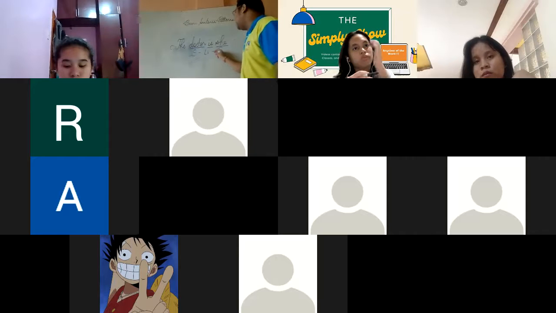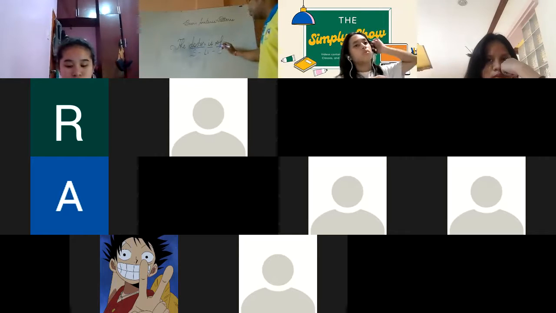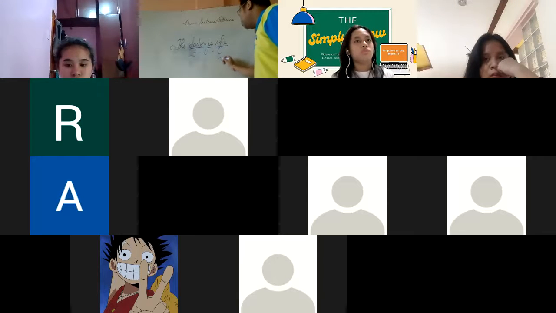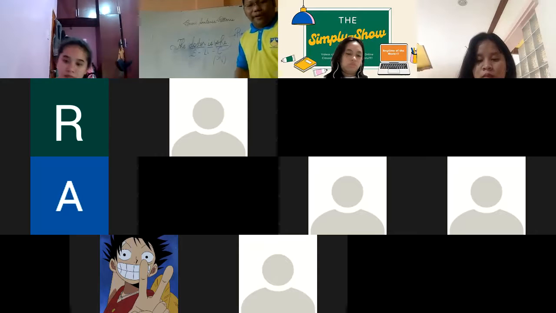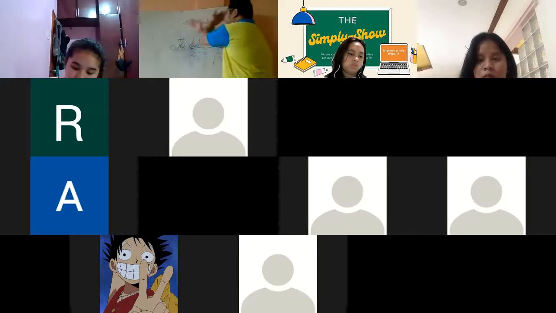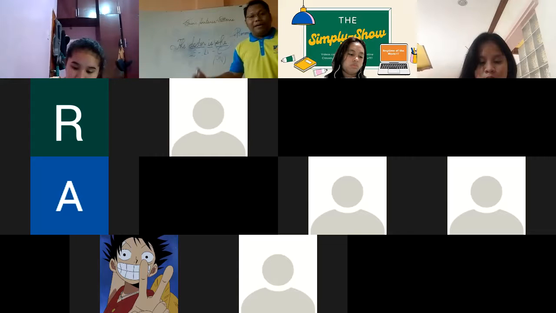And since we have a complement, our verb is a linking verb. Sentence pattern SLVC. And to be more specific, our complement is a predicate nominative because it is a pronoun. And again, let's try to interchange the position of these two words. And let's see if the change of the meaning of the sentence is there.